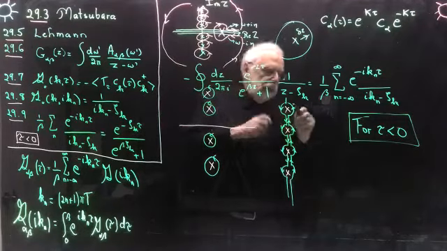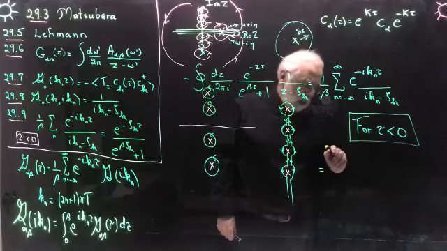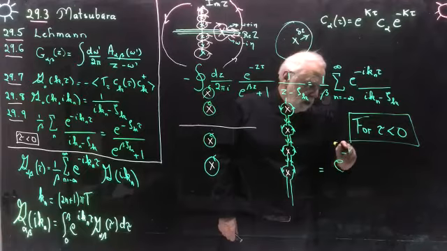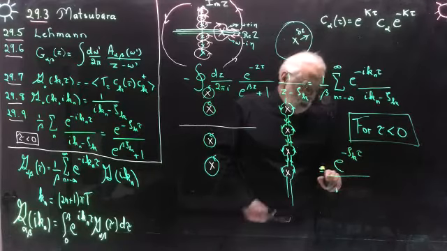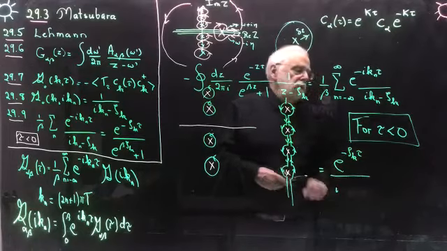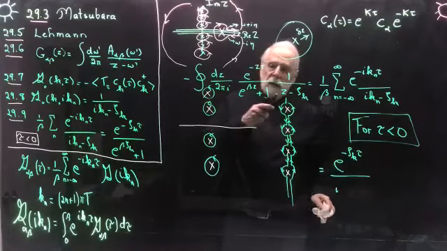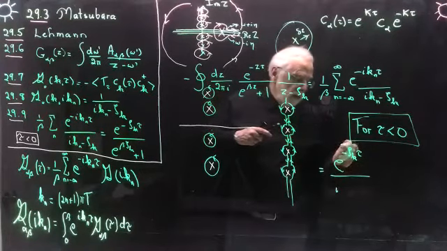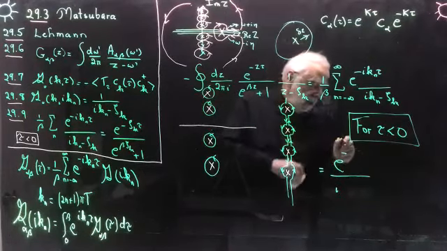So it means that this will be equal to e to the minus zeta k tau times, sorry, no, this is correct. Okay, zeta k tau.